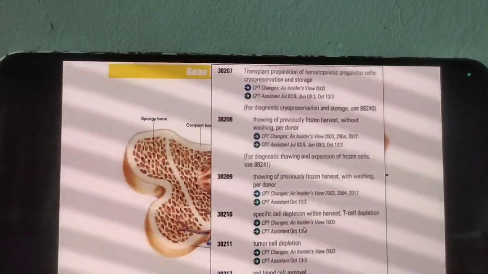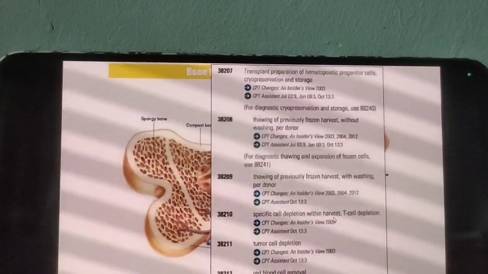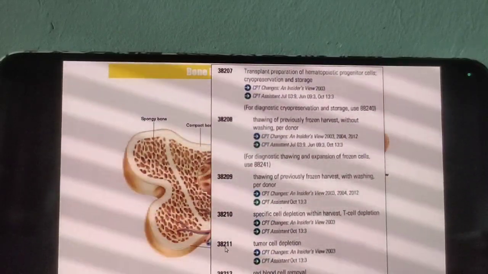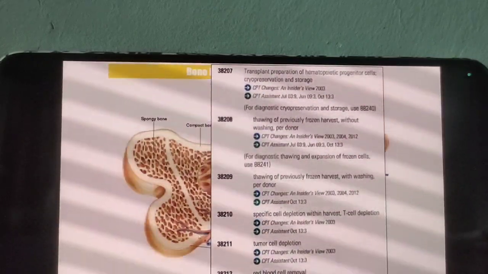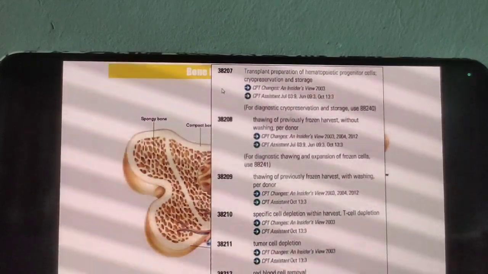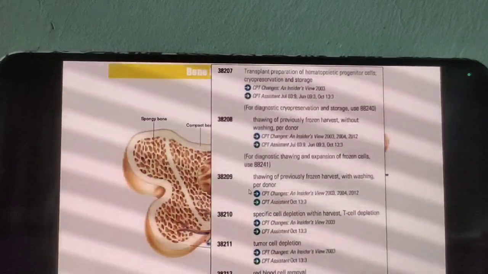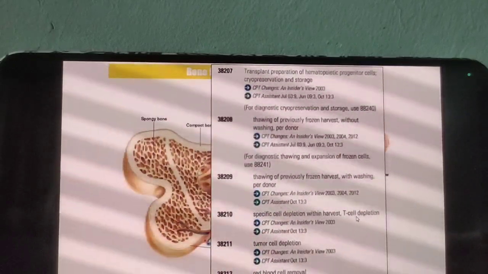So 210 for T cell depletion, tumor cell depletion 211, and red blood cell removal 212. Did you understand? Yes, ma'am. Depletion means separation.